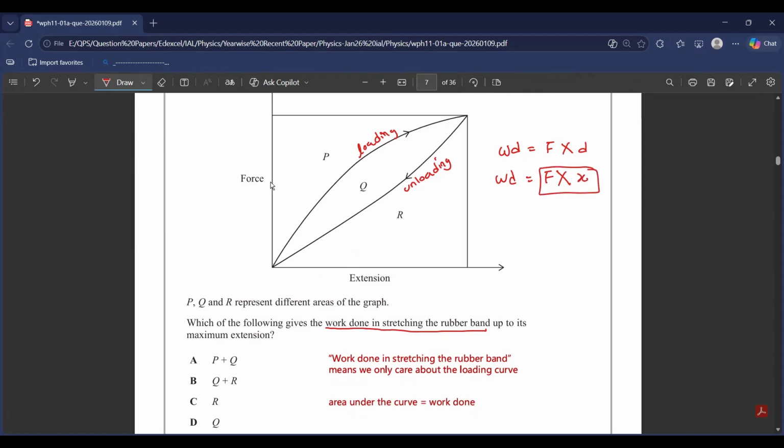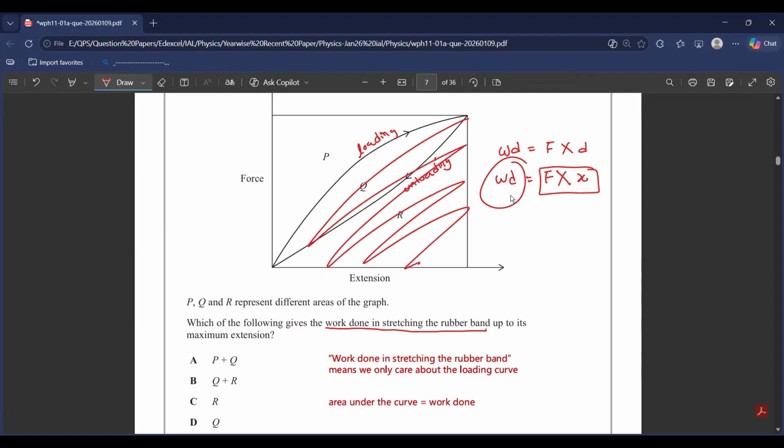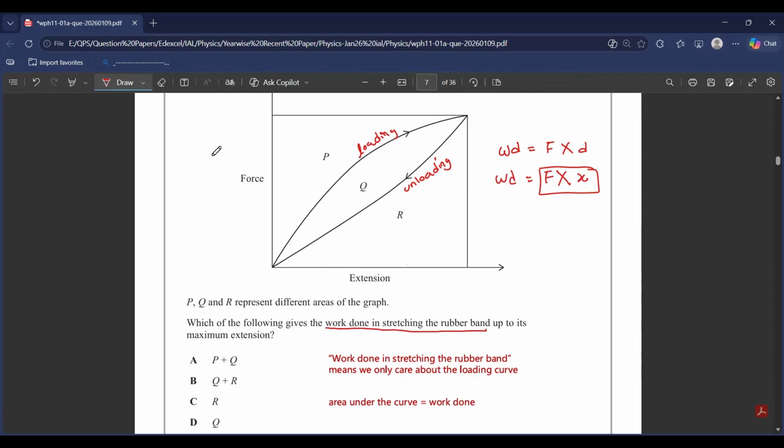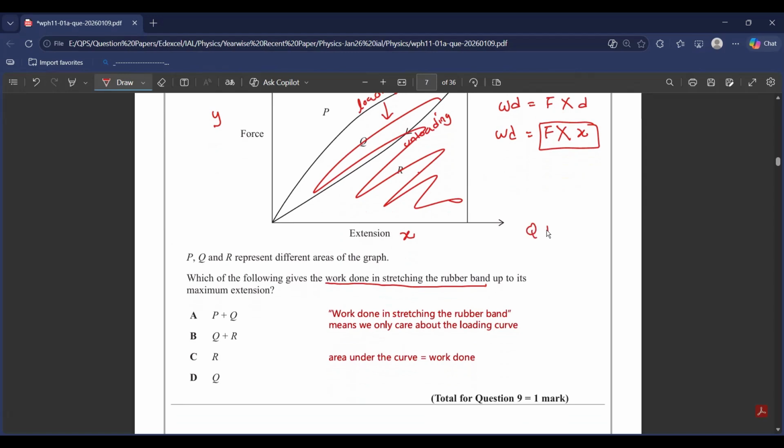See that we are multiplying the y-axis and the x-axis, which means the area under the graph is equal to work done. Whenever you multiply the y-axis and the x-axis, the area under the graph is your answer. So we are basically talking about the area under the graph, which is Q. This is the area under the loading graph, Q and R. So it should be Q plus R, which is option B.